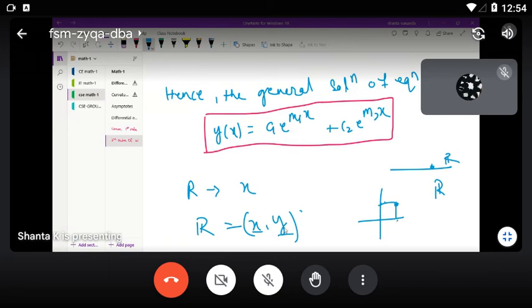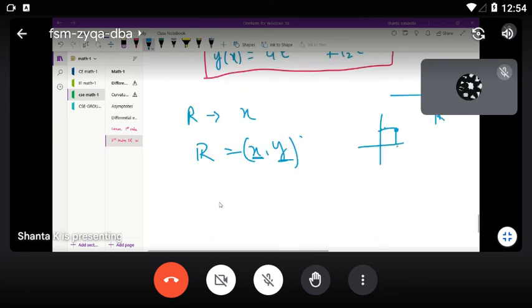Got it? So here we have two independent values we need, and if you go to R3, then in the space you need three values. So these are linearly independent. This x is independent of y is independent of z. So these three are independent. Here these two are independent. Here only one independent value. Now you additionally put here one more point, then it doesn't matter.